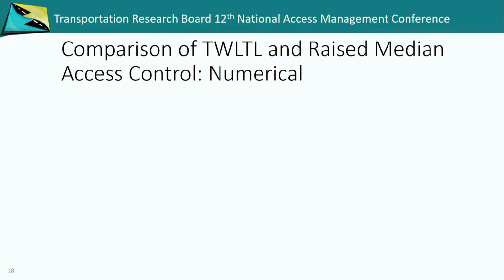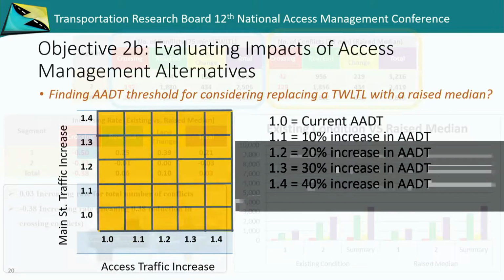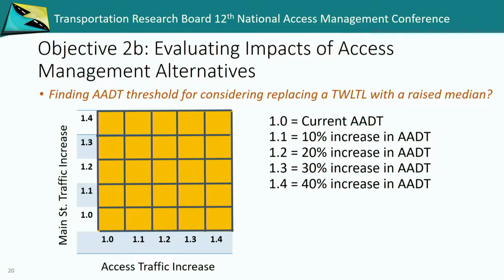Then we did the same numerical analyses to see what the impacts were, looked at our different numbers of crashes, raised versus two-way left turn lane. But then what we wanted to do is say, okay, what happens when or if traffic volumes increase along the corridor? Right now it wasn't a real safety issue here, but it was a good opportunity for us to identify what the different impacts were and to move forward with that.